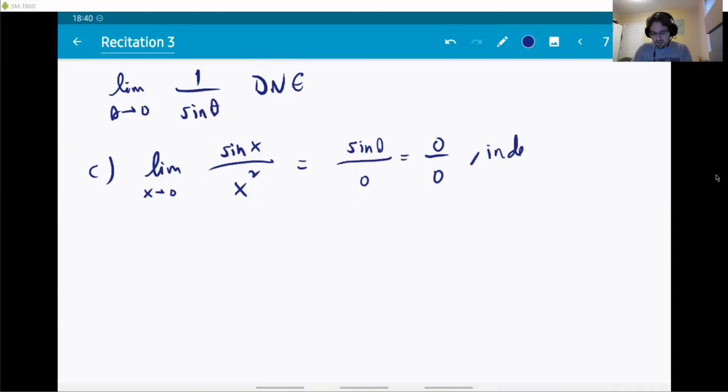That's indeterminate. If you try to do it this way, you realize there is nothing you can do. So we have to do something to simplify this. Problem is there isn't much to do in terms of simplifications. One function is a trig function, the other is not. And the only limit that we really know involving these functions is sine x over x. So how about we use that?